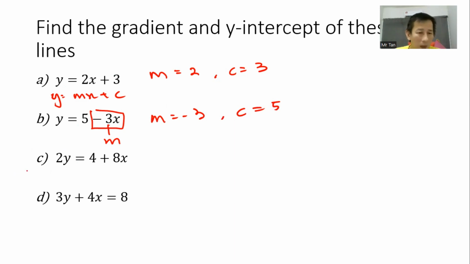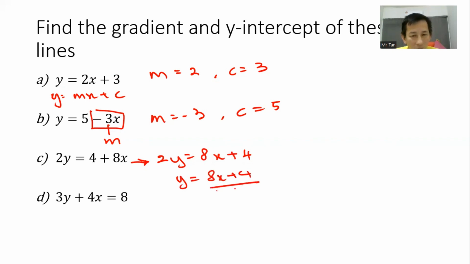How about c? 2y equal to 4 plus 8x. You notice this is not in the form of y equal to mx plus c, so we need to rearrange. We rearrange this into 8x plus 4. Therefore, y equal to 8x plus 4 over 2.